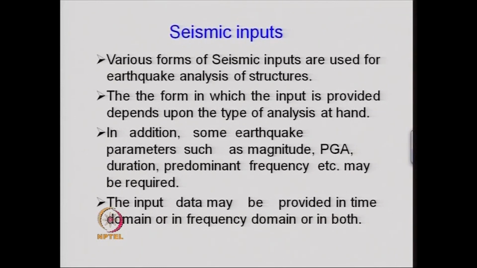In addition, some earthquake parameters such as magnitude of earthquake, peak ground acceleration, duration, predominant frequency, etc. may also be required. The input data may be provided in time domain as well as in frequency domain or in both.